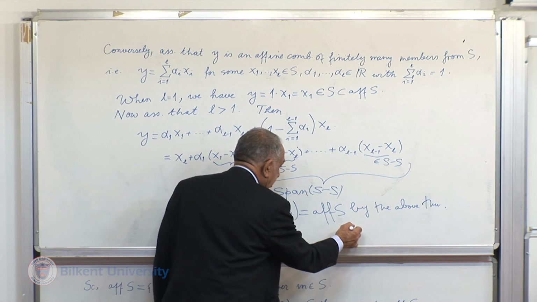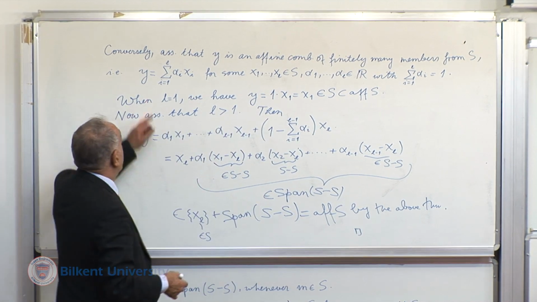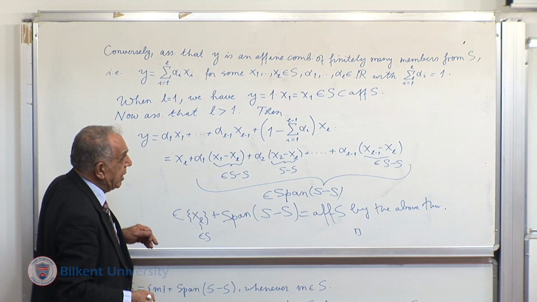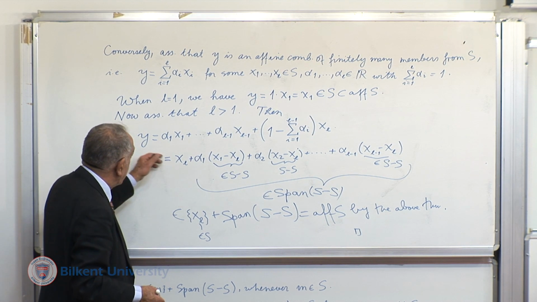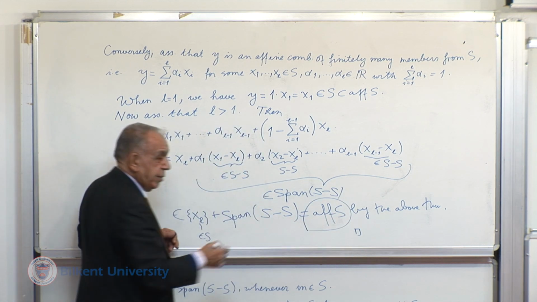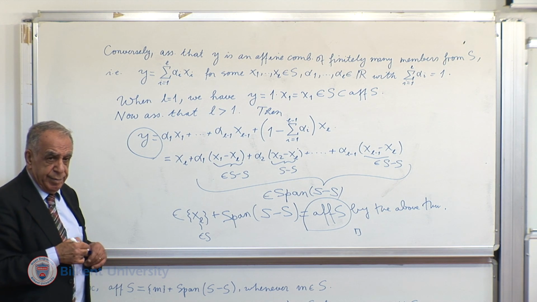But that completes the proof, because here we have assumed that y is an affine combination of finitely many members from S, and we have shown that y is a member of affine hull of S.